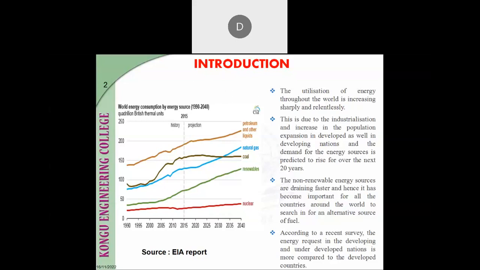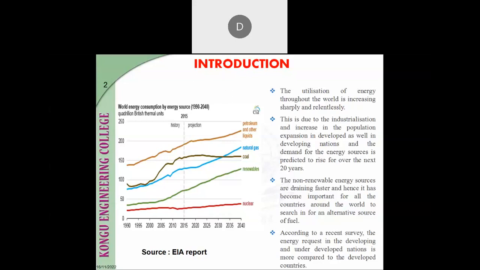Due to the growth, a huge number of new technologies are introduced, and due to these technologies industrialization is also increasing. So the energy requirement is needed.